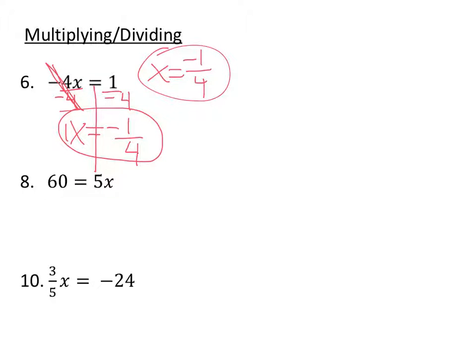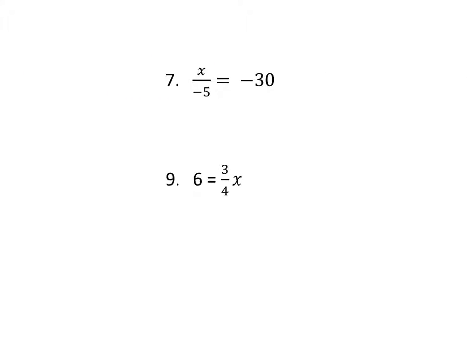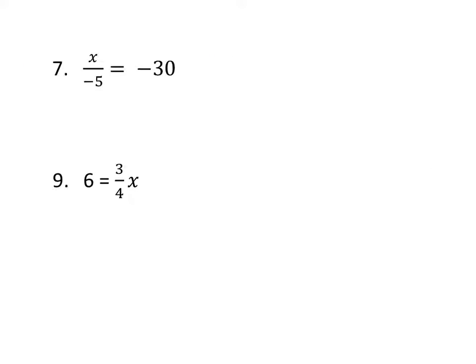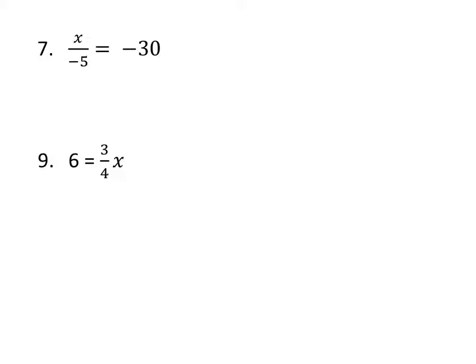Okay, let's just do one more. Let's go to number 7. I'm going to draw that line straight down, and I'm only going to focus on the left side because it has the x. I can ignore this negative 30. So how do I get rid of this negative 5 so I just have x on the left side? A fraction bar means division, and the opposite of dividing is multiplying.